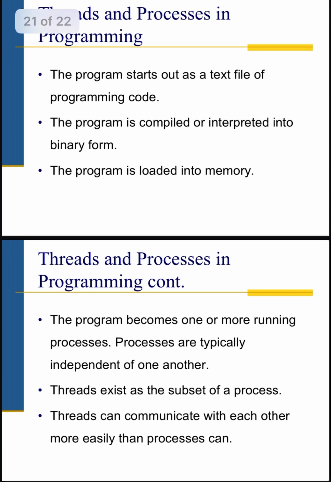Threads exist as a subset of a process. Threads can communicate with each other more easily than processes, because a thread is a subset of a process, a unit of execution within a process.